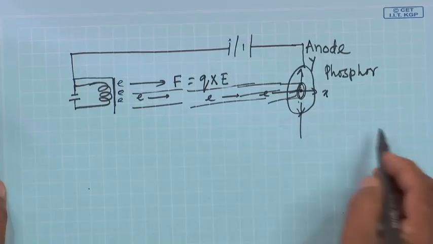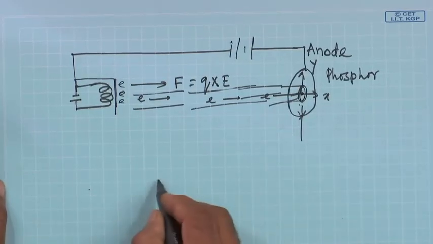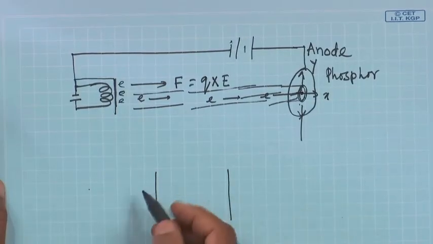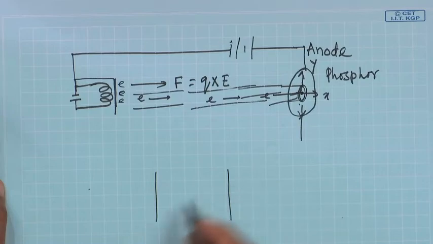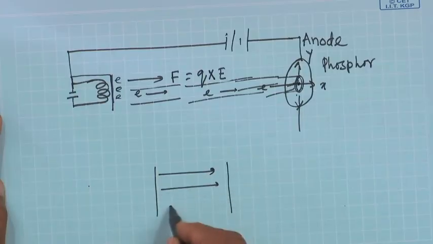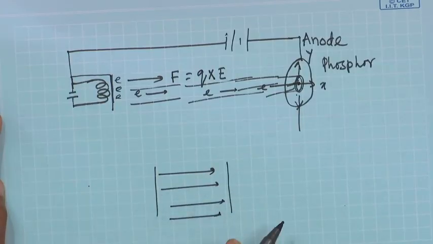If I have two parallel plates and I apply voltage across these two parallel plates, then I will get an electric field along this direction.